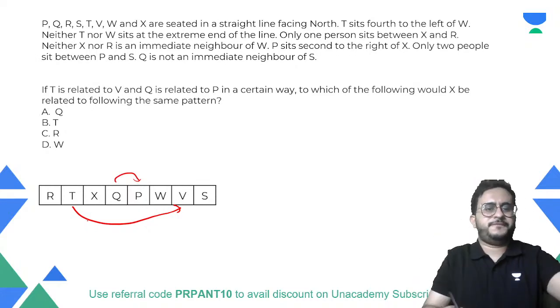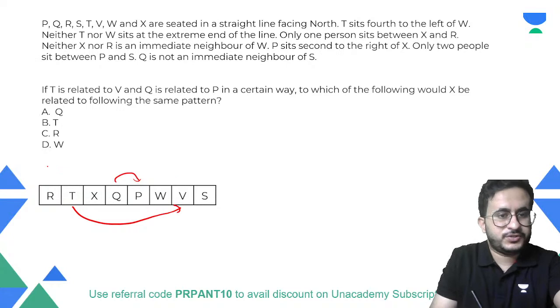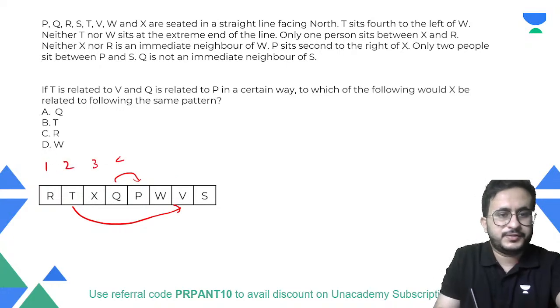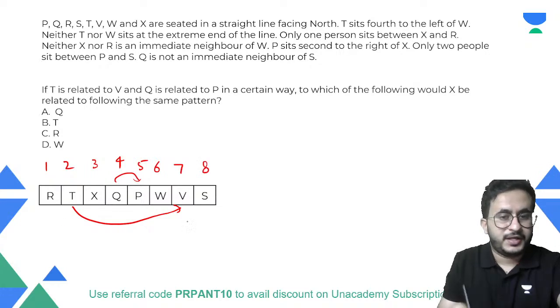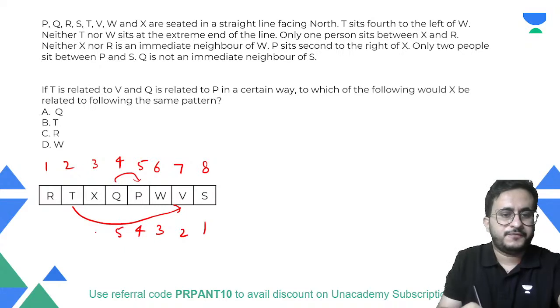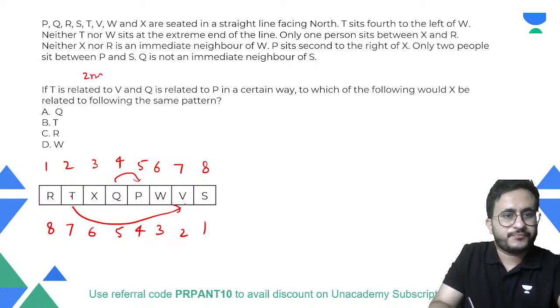So see, T is second from this side. If we count from left to right, 1, 2, 3, 4, 5, 6, 7, 8. And if we count from the right side, this is 1, 2, 3, 4, 5, 6, 7, 8, right? So T is second from this side, V is second from this side. Q and P are both fourth.